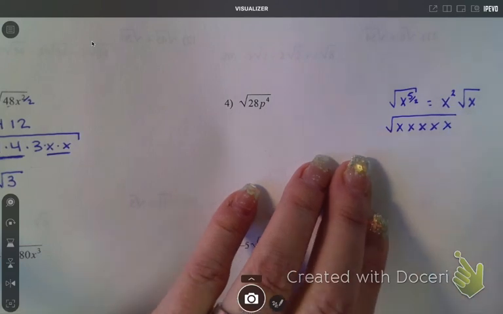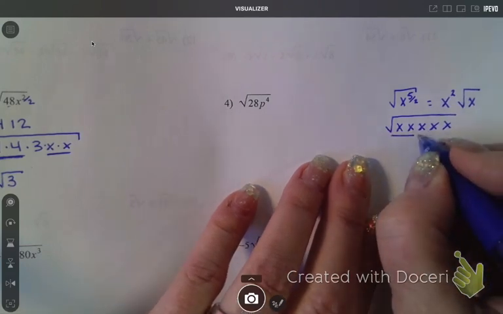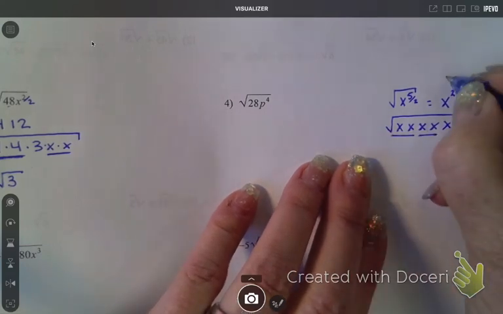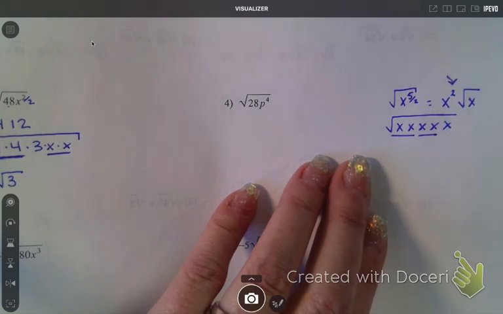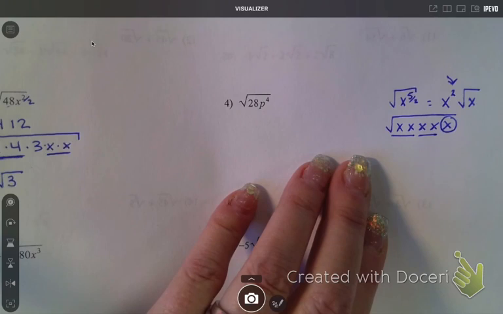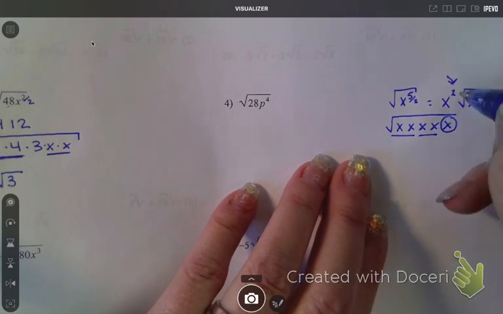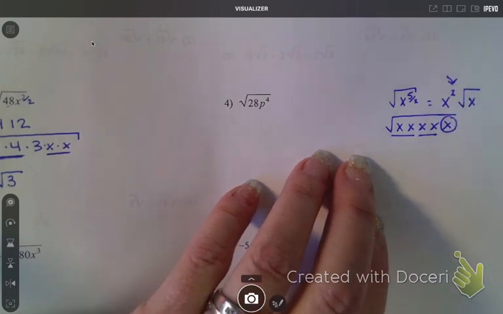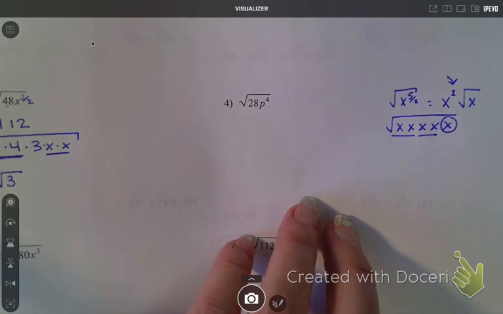How many pairs of x's do I have? 2. Hence the 2. And what do I have left? 1. So if that was the cube root, I'd divide by 3. If it was the 6th root, I would divide by 6. Do you get how that works?